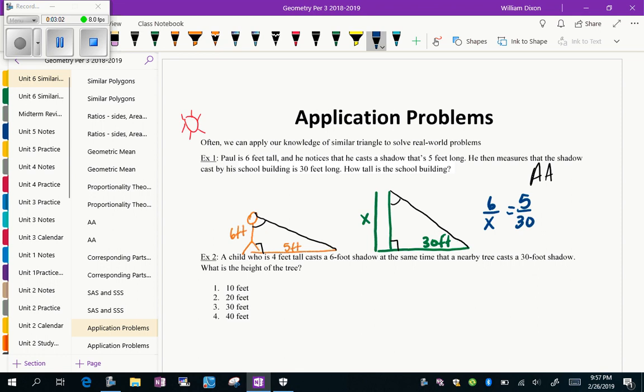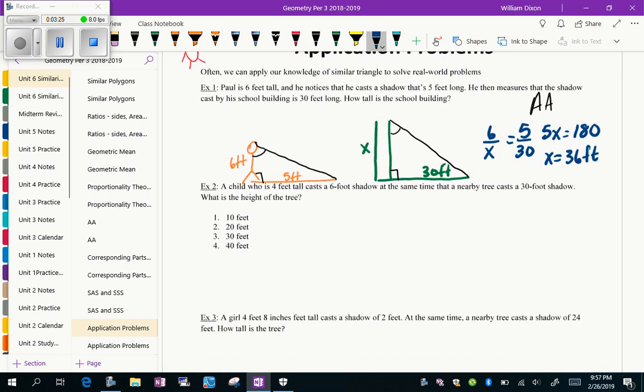I'm going to cross multiply, and I'm going to get 5x equals 180. I'm going to divide both sides by 5, and x is going to equal 36. But do be careful, because the answer is not 36. The answer is 36 feet. That's answering the question.